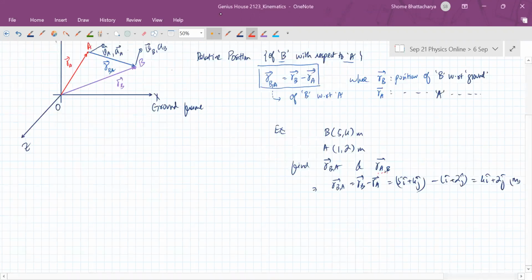Yes, as I'm sure all of you would have worked this out, rAB is now going to be rA minus rB.